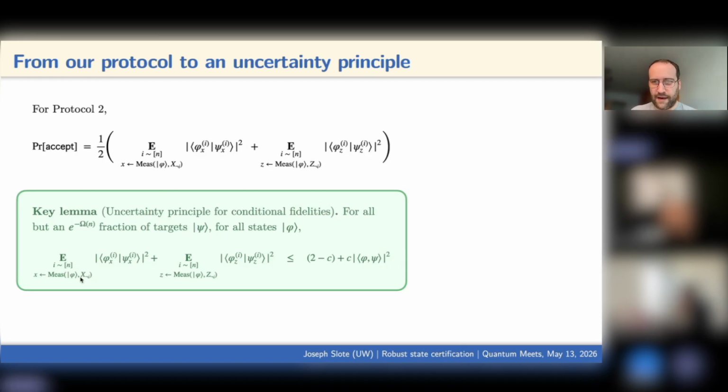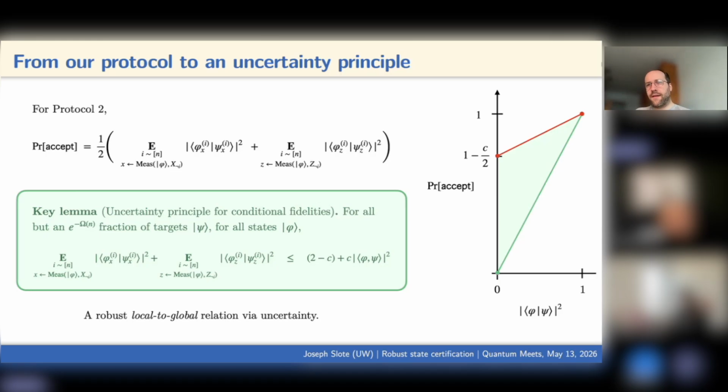Okay, and I want to just connect this linear expression here with robustness. So, local global relation. How does this relate to robustness? The idea is you set up this picture, and on the x-axis is the fidelity of phi and psi.